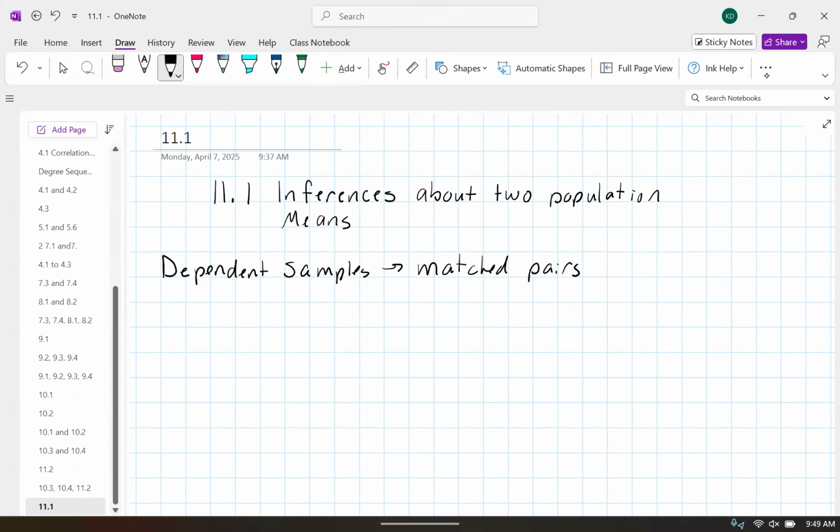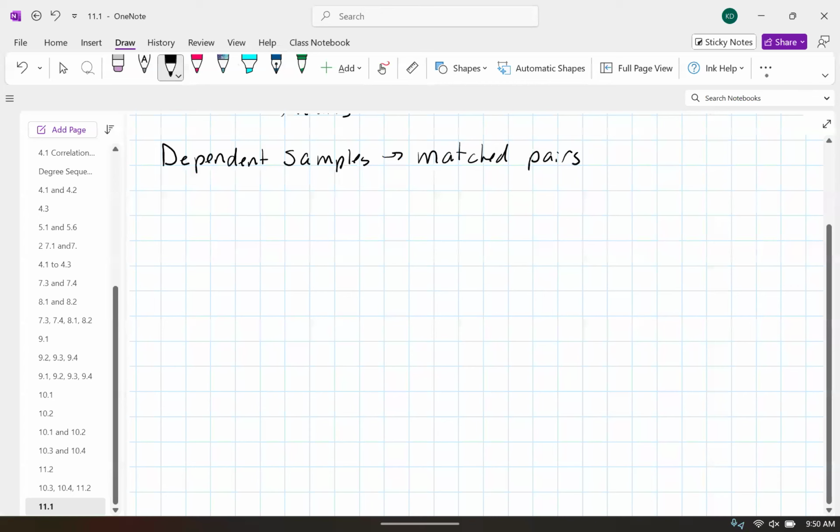All right. So for our proportions, we have a crazy looking formula. Back to our z-scores. Personally, the z-scores were always my favorite. They made the most sense to me.